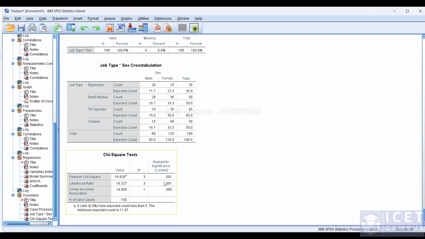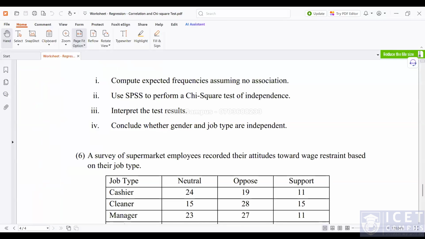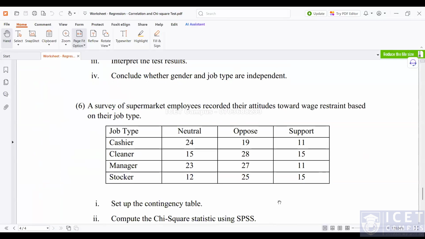That is how we can perform the chi-square test. Right, final question, the last one.